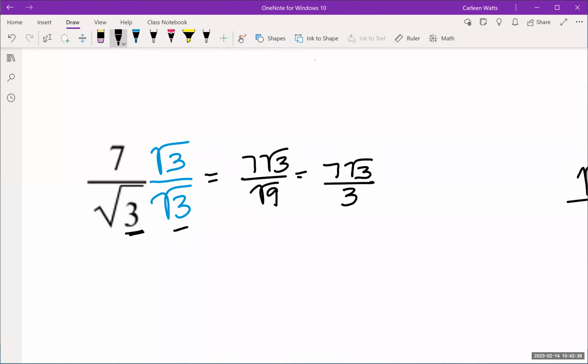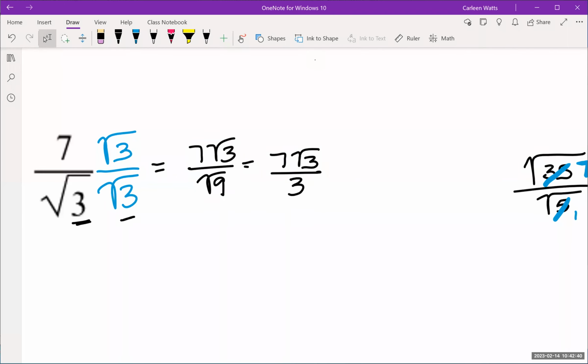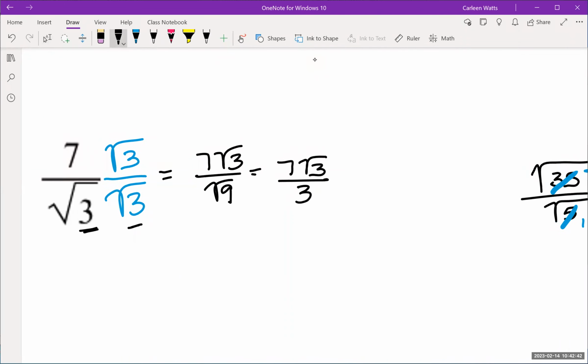So now we have a choice. We have a decision to make. Can I cancel an outside 3 with an inside 3? Do you see what I mean by outside 3 and inside 3? Yeah, one is inside the square root and one is not.